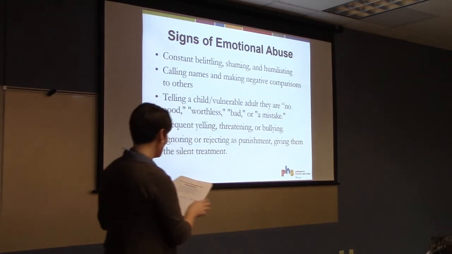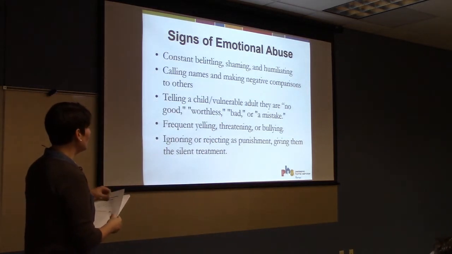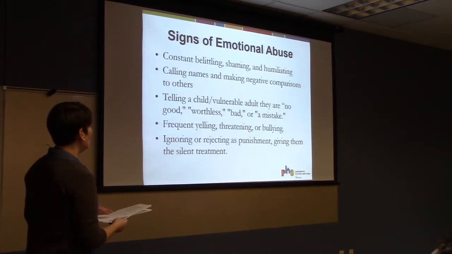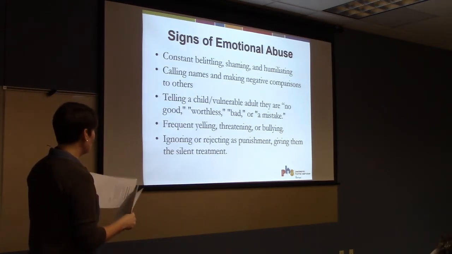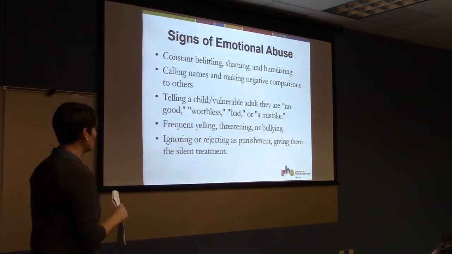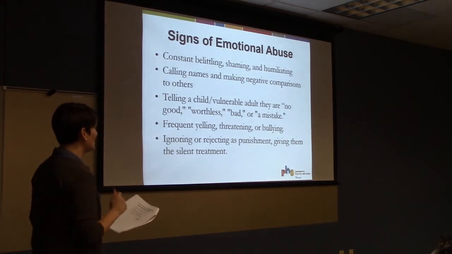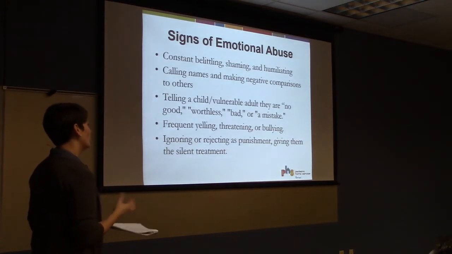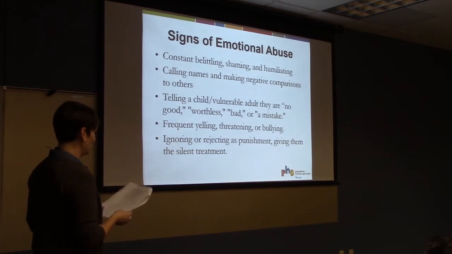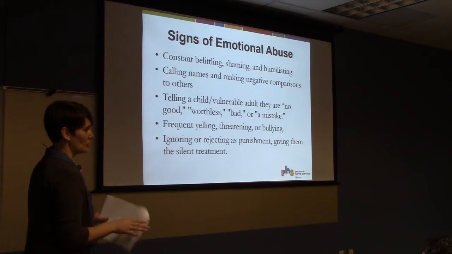So signs of emotional abuse: constant belittling, shaming, humiliating, calling names and making negative comparisons to others, telling a child or vulnerable adult that they're no good, worthless, bad, or a mistake, frequent yelling, threatening, or bullying, ignoring or rejecting as punishment, giving them the silent treatment.